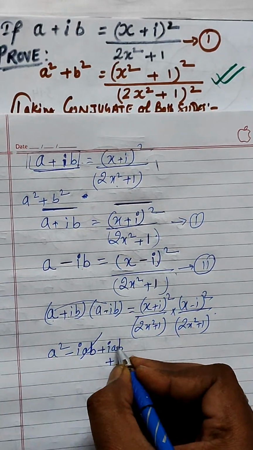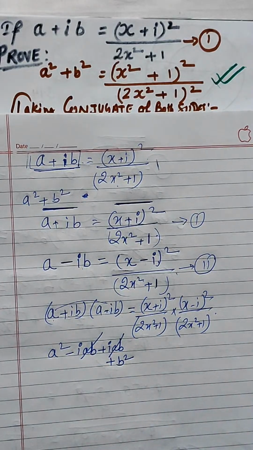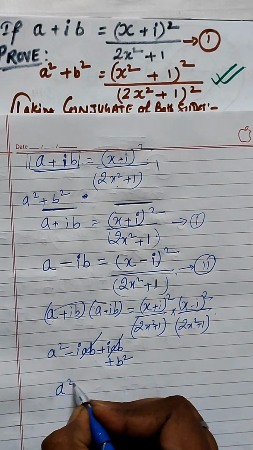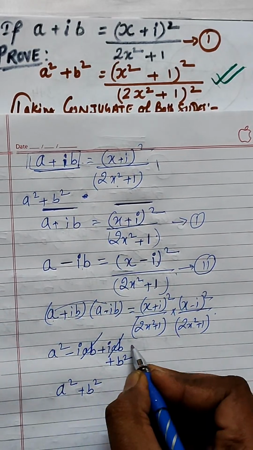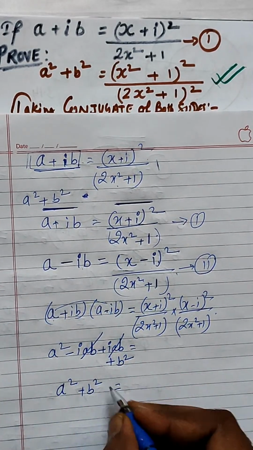Minus iab plus iab cancel out, and we are left with a square plus b square on the LHS.